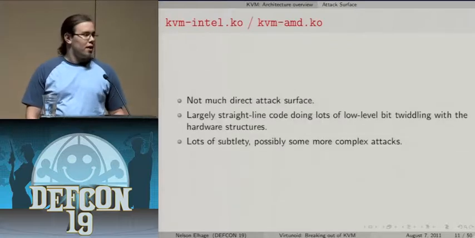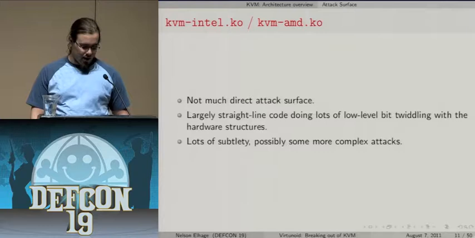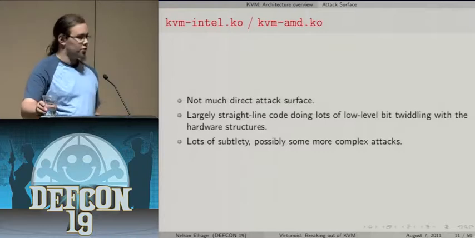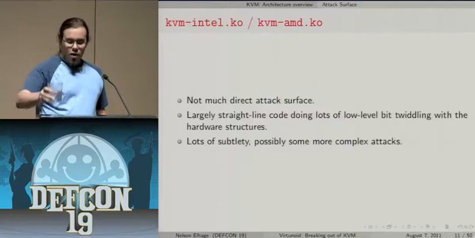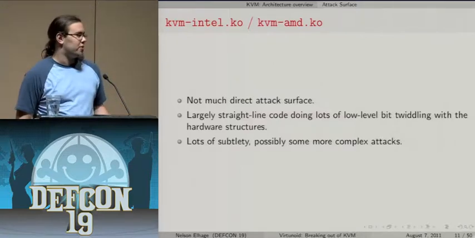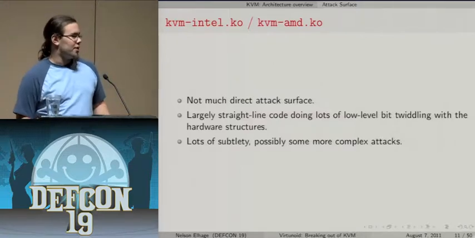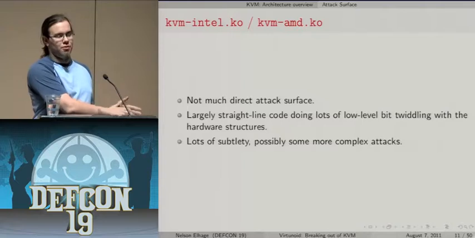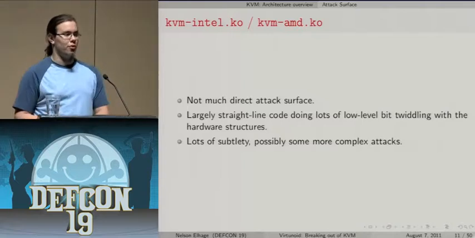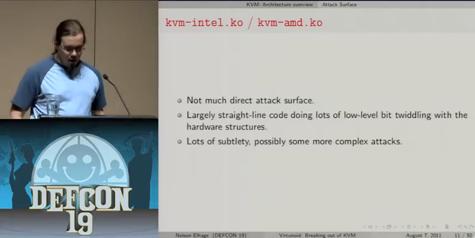KVM Intel and KVM AMD.ko, the kernel modules that interface with the hardware, are not super interesting targets because there isn't a ton of code there. It's mostly straight line code that just translates between the kernel's data structures that represent the VM and how the hardware wants to model those, and bridges back and forth.